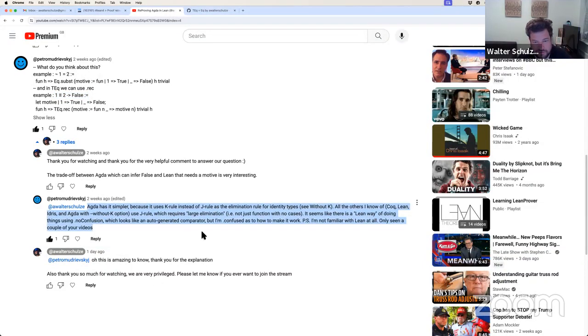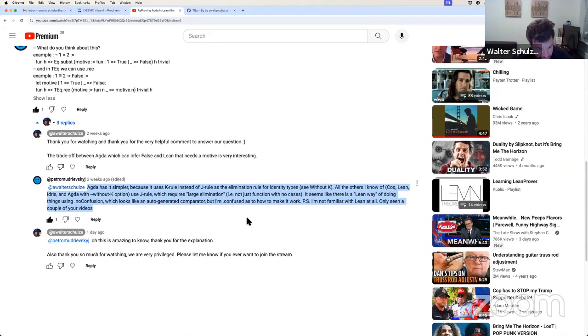But this comment is really interesting. He says that in Agda, these proofs are simpler because it uses the K rule instead of the J rule as the elimination rule for identity types. You can turn this off in Agda, as far as I know.